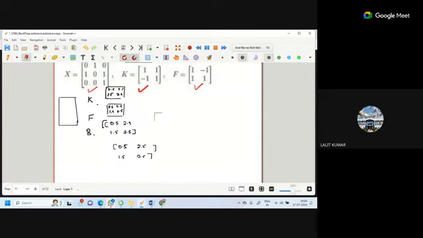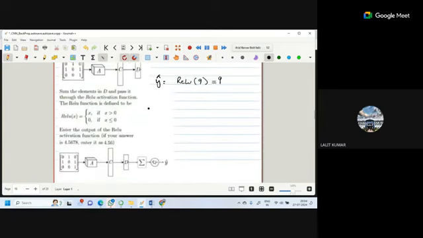So this is A. They have asked the sum of A. So the sum of A is 2.5, 5, 7, and this is 4, 11, and this is 12.